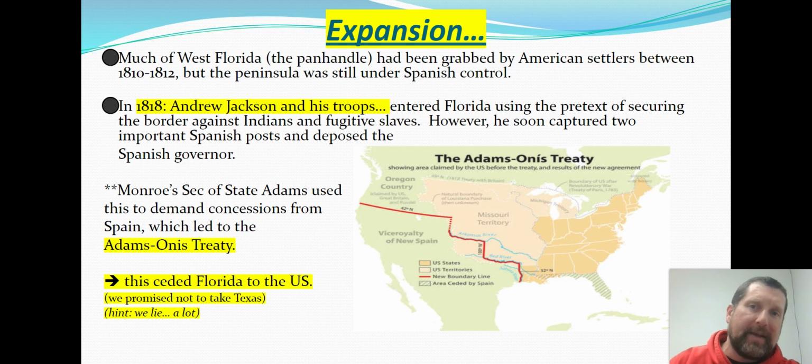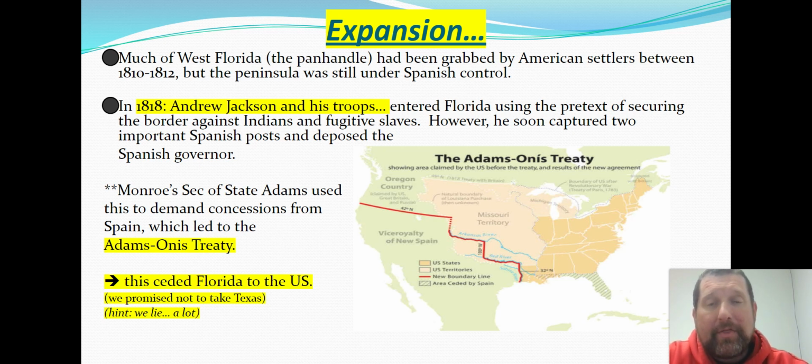In 1818, a forceful military leader, General Andrew Jackson, enters Florida. He says he's going to secure the border against Indians and fugitive slaves, and ends up capturing important Spanish posts and essentially overthrows the Spanish governor.